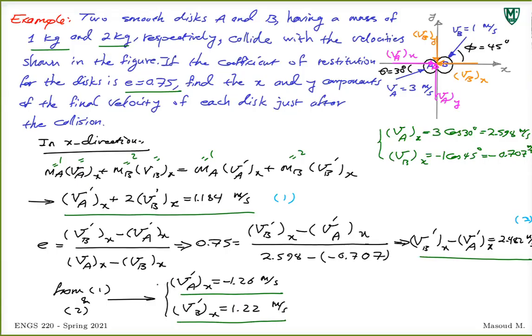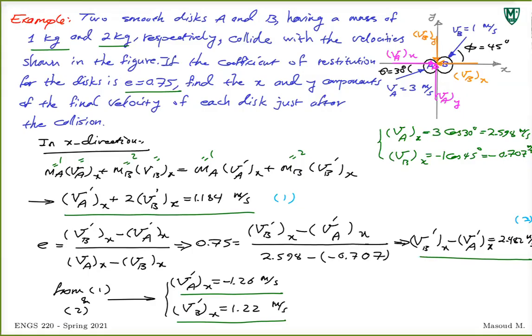So this tells me that the x component of velocity for particle A is going to be in negative direction. After the impact, I don't know about y component yet, but particle A is going to go to the left, at least the x component. And for particle B, the x component is going to be towards right. Which kind of makes sense logically. When they hit, probably they just hit like this, and then they get separated in this way.